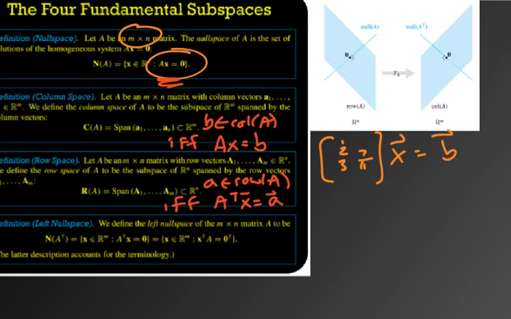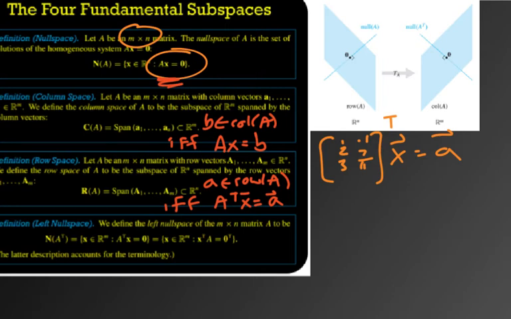So now, if you just take the transpose of that, multiply by this vector and get something else, that is symbolically how we describe the things in the row space of A, okay? And that leads us to this thing that we don't really know about yet.